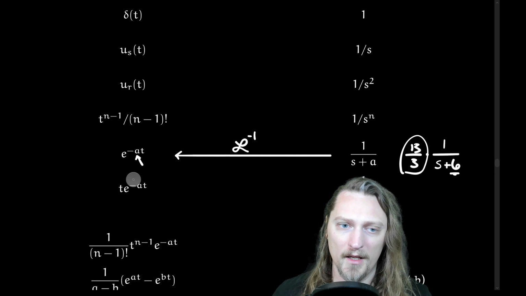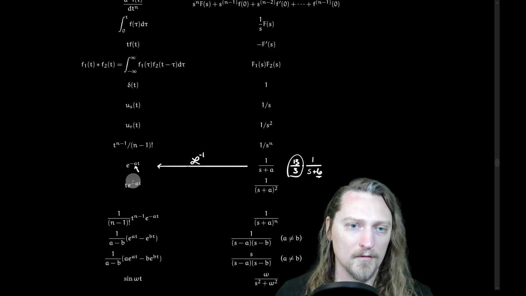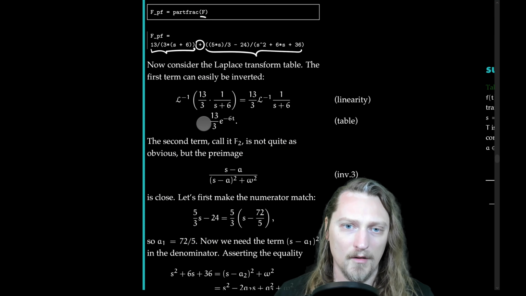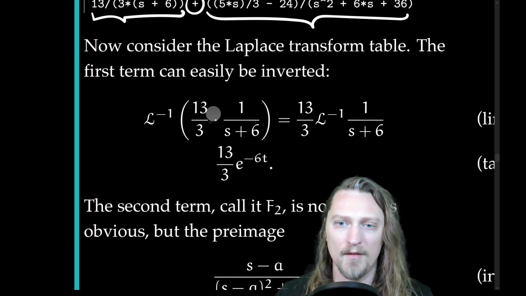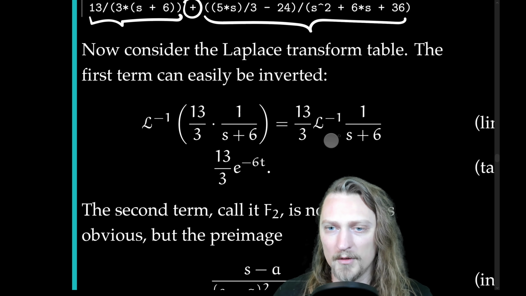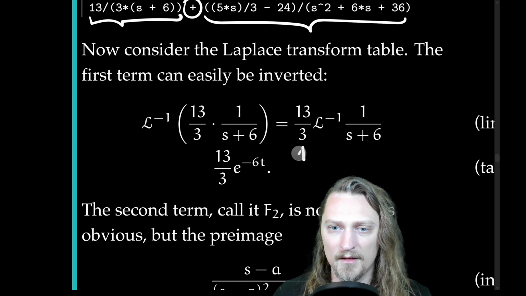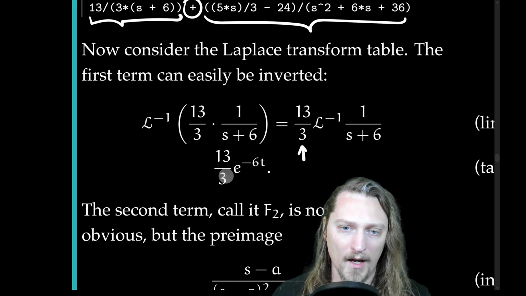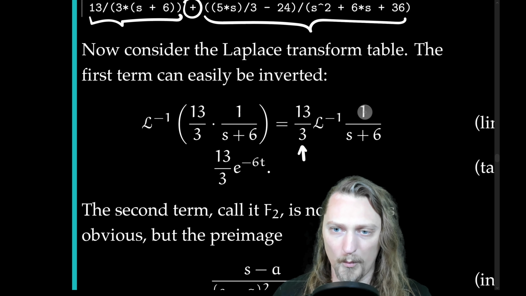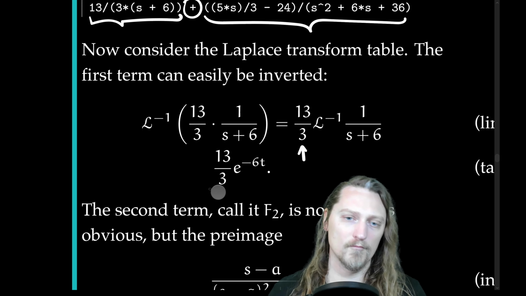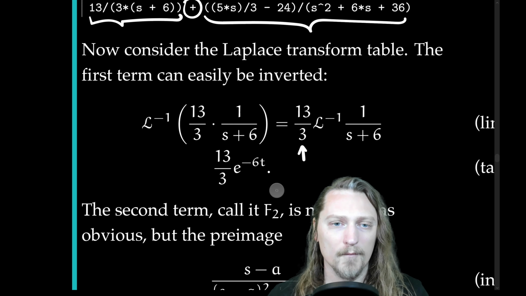We've identified what a is, and we can immediately then write down that the inverse Laplace transform of this entire expression, through linearity we can pull out the constant, and through the table we can identify that the inverse Laplace transform of 1 over s plus 6 is just e to the negative 6t. So that's what we've got here.